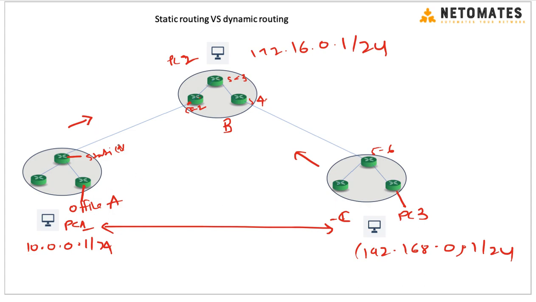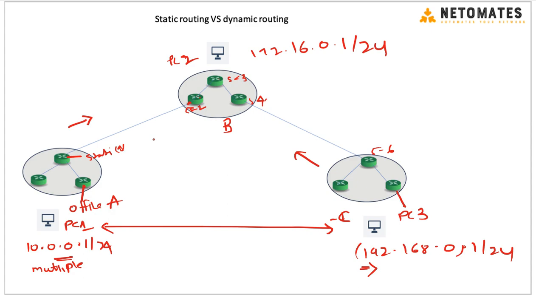All these static routes are needed just for communication from one network in office A to another network in office C. But in each office you will have multiple networks, and for each network you need to do the same thing if you go with static routing. This is a configuration headache, and there are other issues as well that we will discuss in the next slides. So in this type of topology, instead of static routing, we can use dynamic routing.